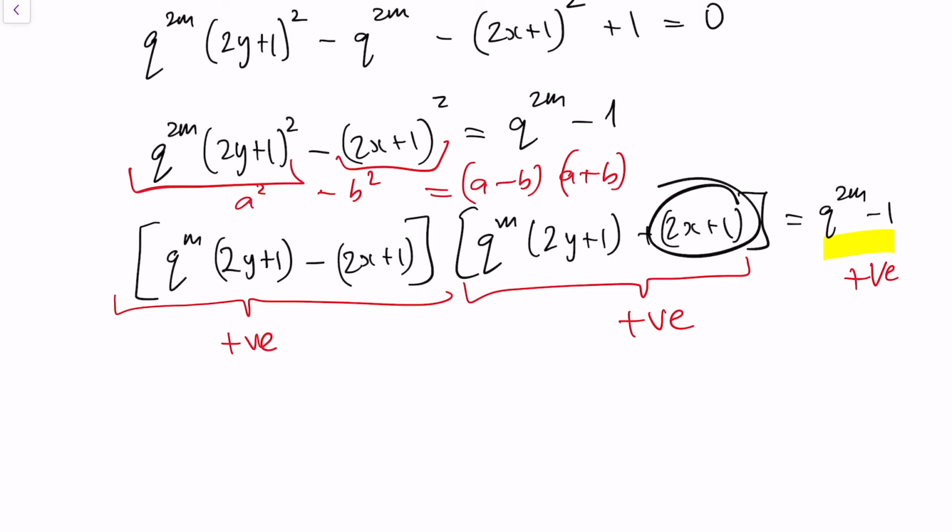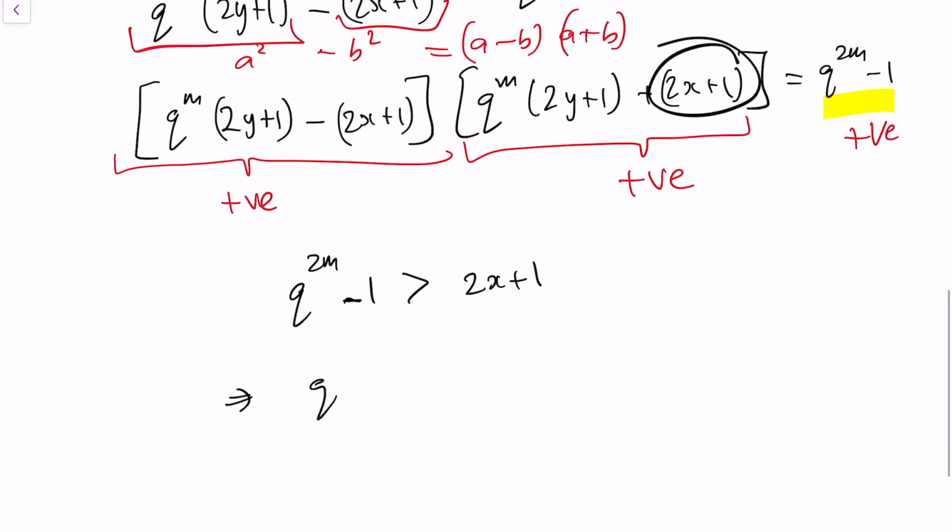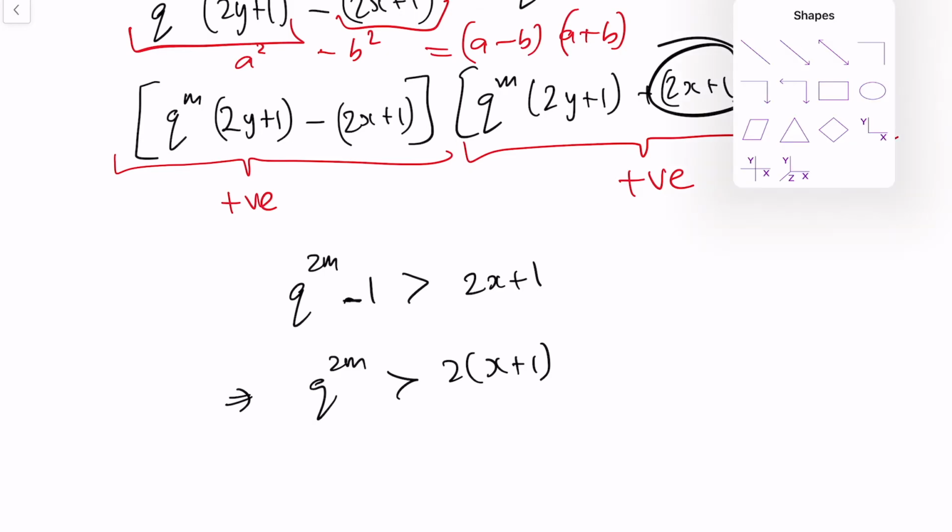For example, we can take 2x plus 1. That means q to the 2m minus 1 must be greater than 2x plus 1. So that implies q to the 2m is greater than 2 times x plus 1 if you take minus 1 to the other side. Now this is the second inequality.